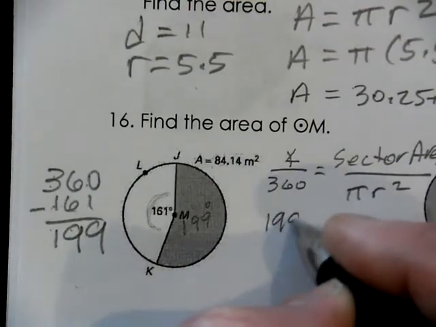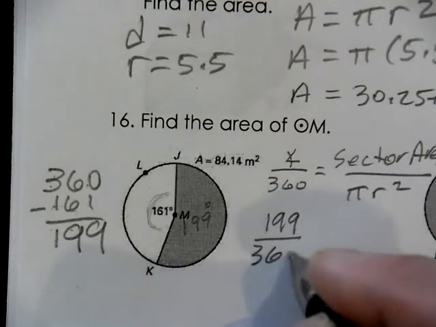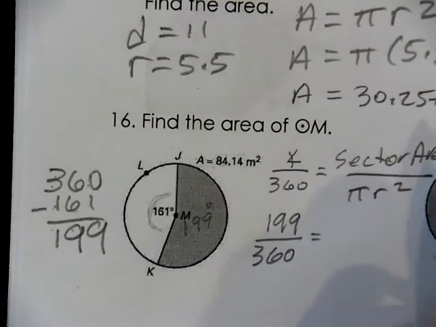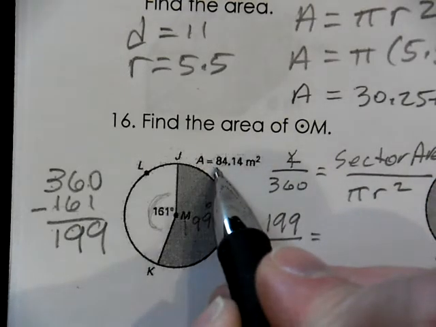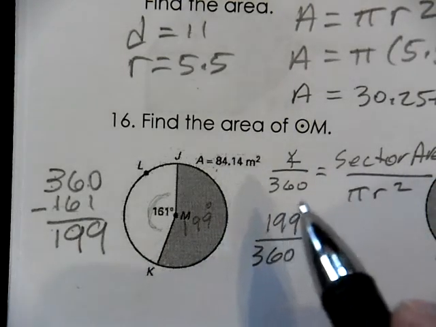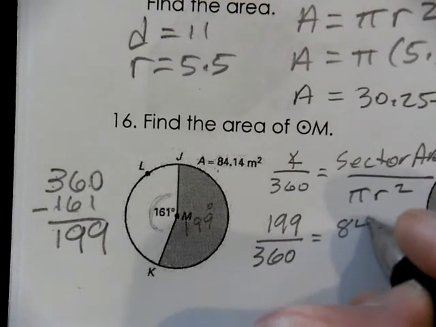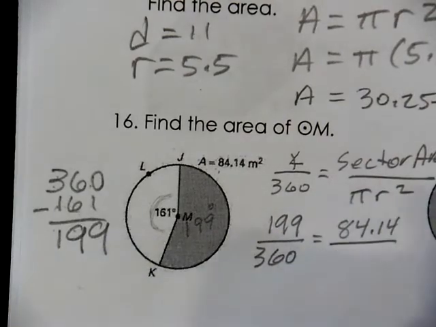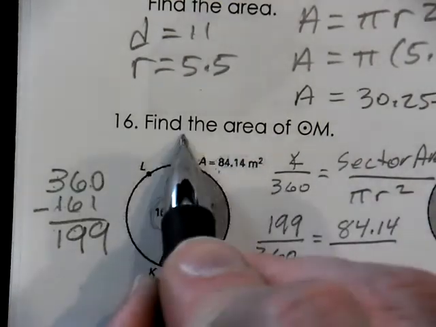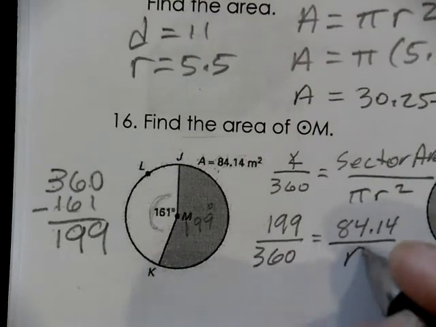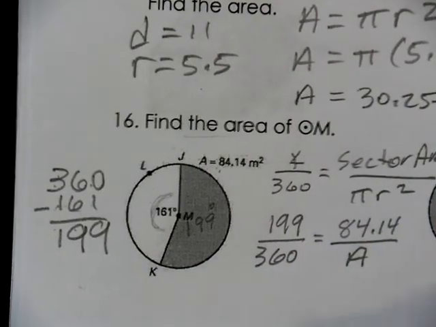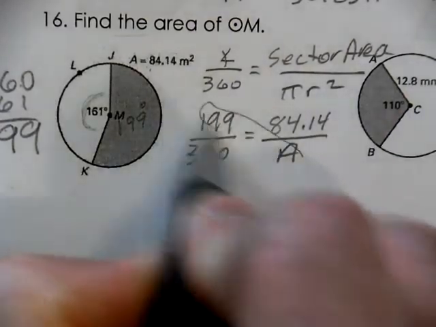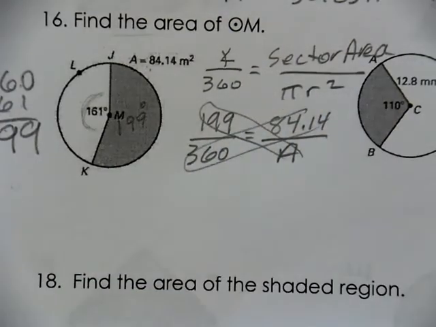So that's 199 over 360 is going to equal our sector area, which is 84.14. And we want to know the area of the circle. So we could just write A. We don't have to find any special part of the area, so just area is fine. So we're going to multiply up, we'll multiply over.